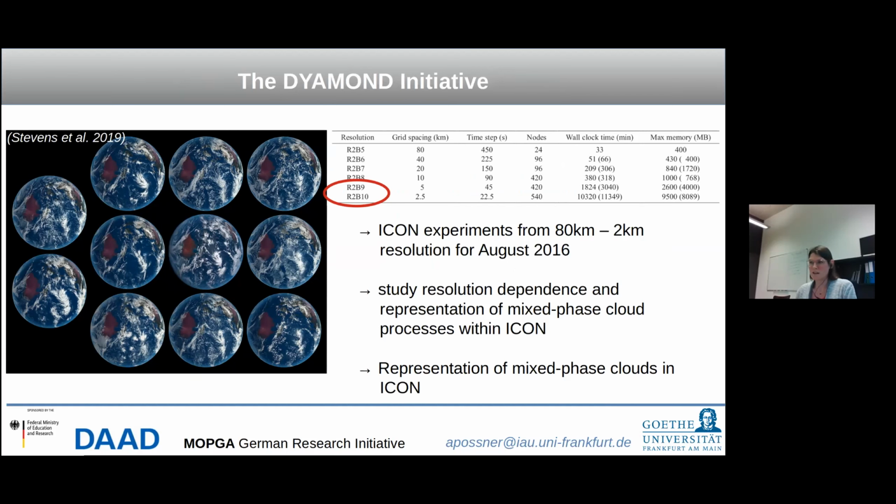The catch is that it's computationally very expensive to run. While institutions across the country and internationally are able to run this, individual research groups are not able to do so, and I think the computational costs are summarized here in this table, and it just blows up in terms of computational resources as you go down to global simulations that are performed at a 2.5 to 5 kilometer scale.